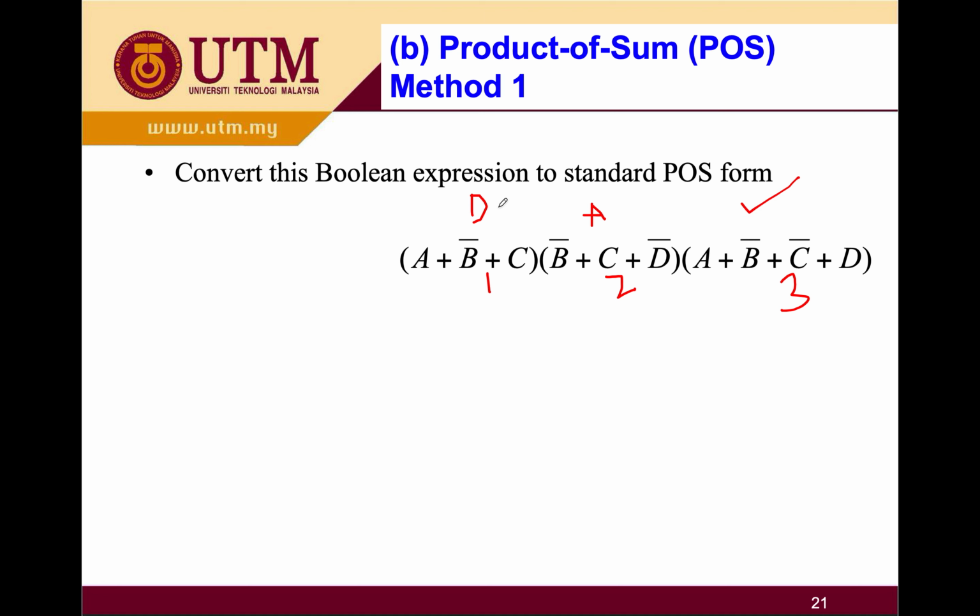Okay, so now over here, because this is POS, let me do something first. Over here you can see A equal to 0, B bar is 1, C bar is 1.